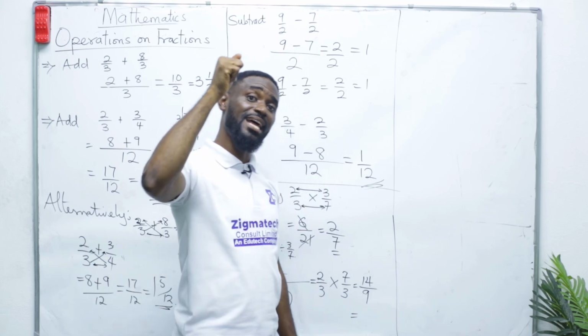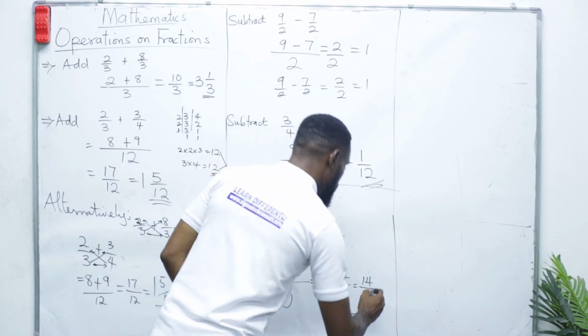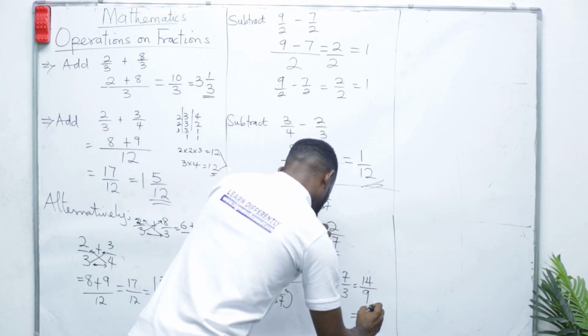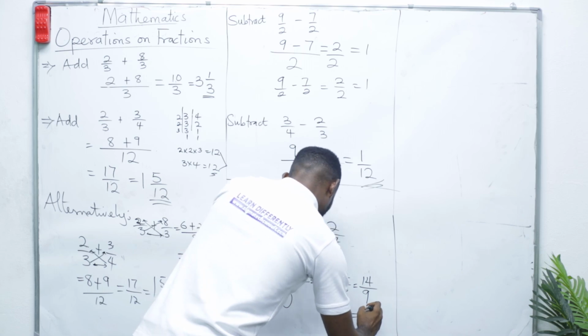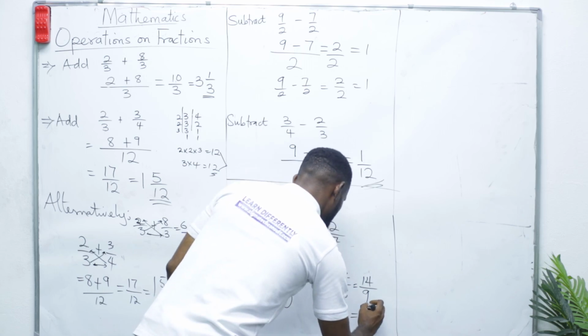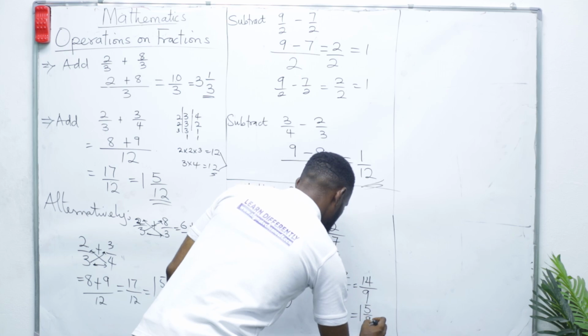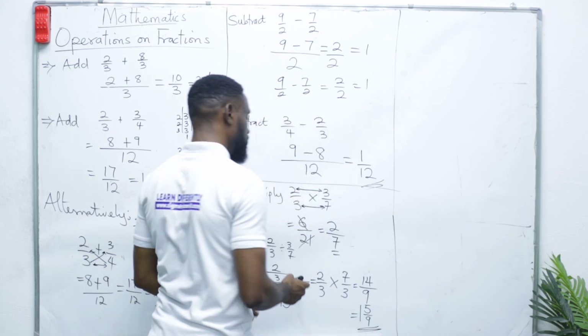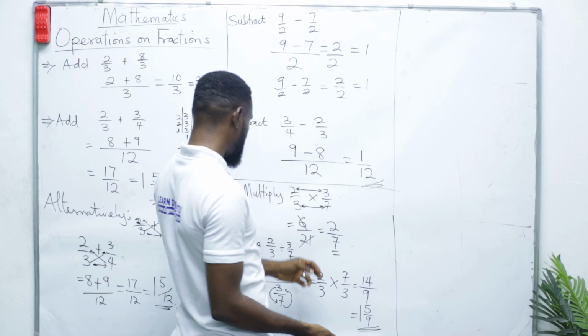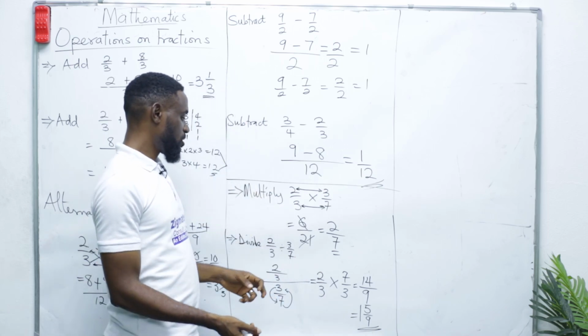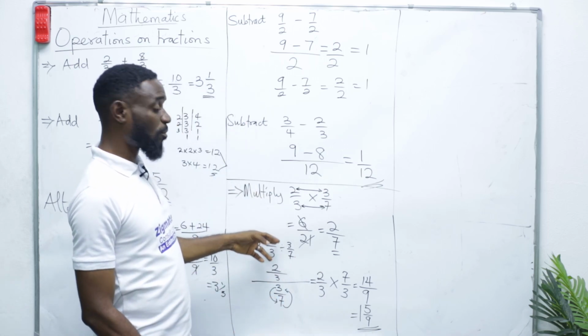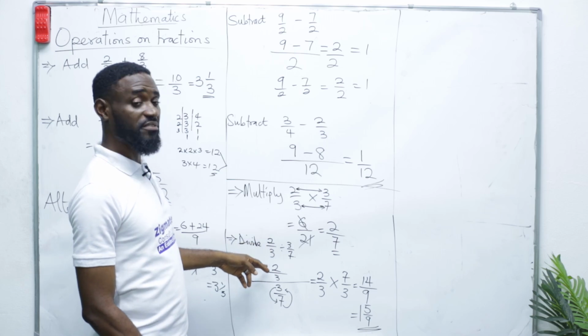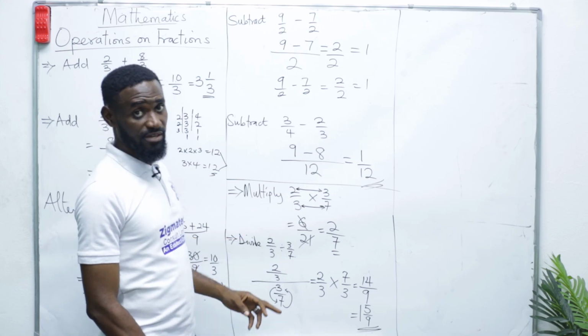So there will be a remainder of 5. So it will be 1 whole number, 5 over 9, as the answer to this problem when you divide 2 over 3 by 3 over 7.